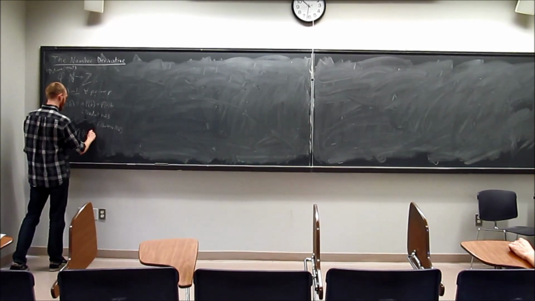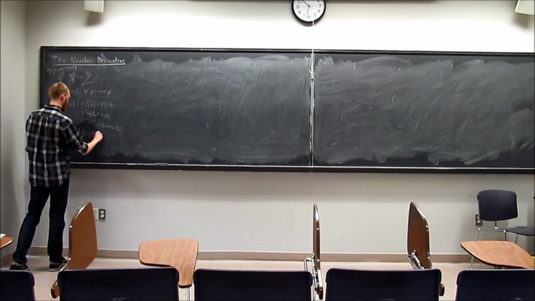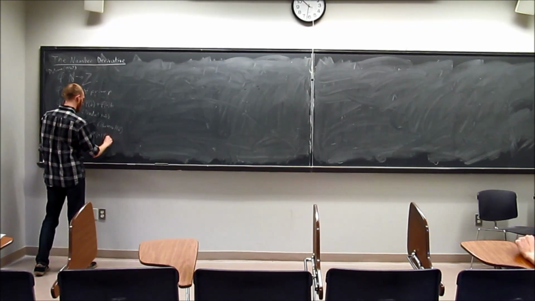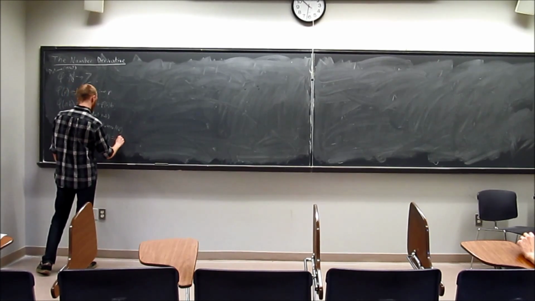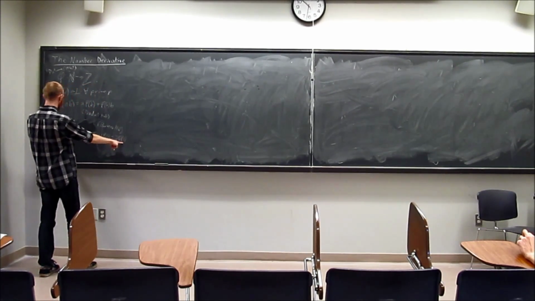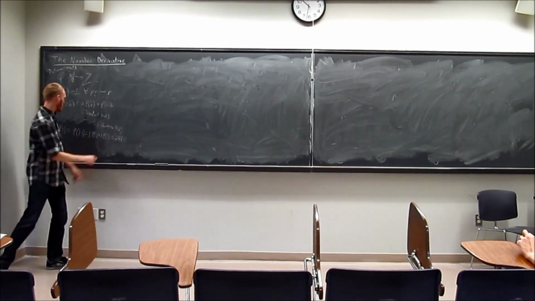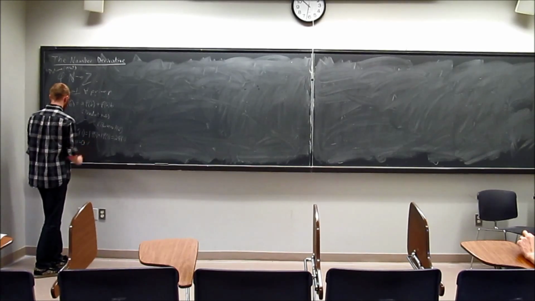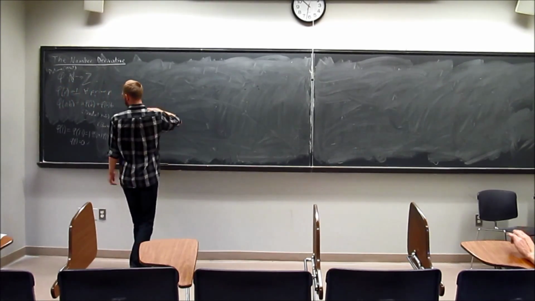So that's 1 times 1 prime plus 1 prime times 1. Well, if phi of 1 equals 2 phi of 1, phi of 1 equals 0. Alright, so we have a definition.